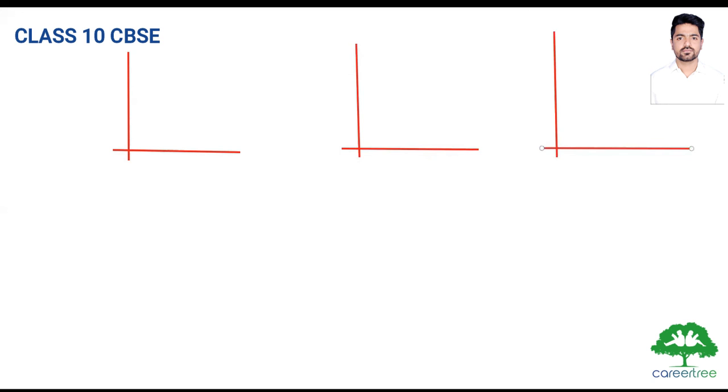So if there is a pair of linear equations, they can be either intersecting. You can also draw these three diagrams. One condition is they can be intersecting. Second is they can be parallel. Third is they can be coincident, one on top of the other. So first is intersecting lines, then parallel lines, then coincident lines. Coincident means what?